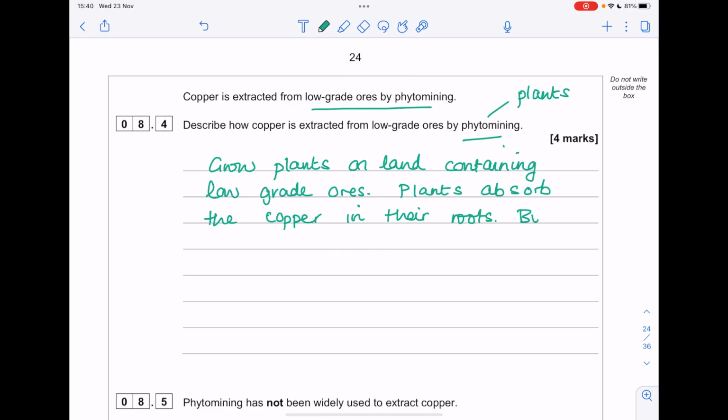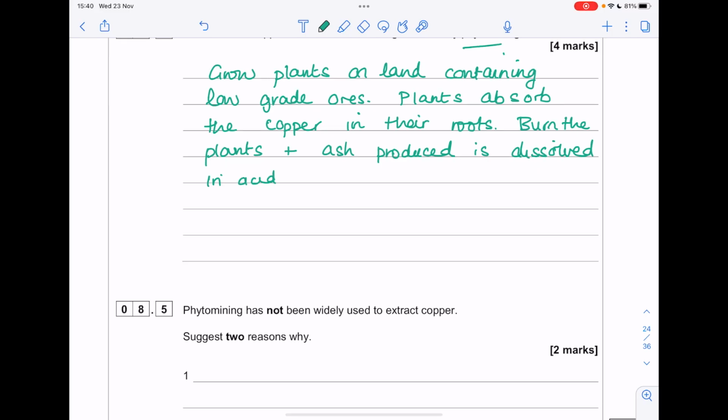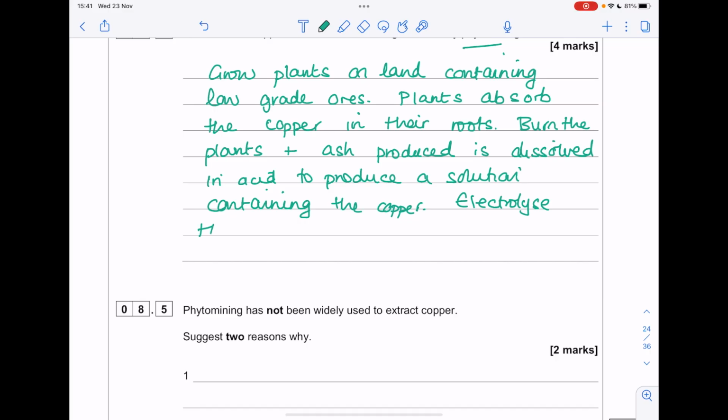Next up, we burn the plants, and the ash produced is dissolved in acid to produce a solution containing the copper. And lastly, electrolyze that solution to obtain the copper.